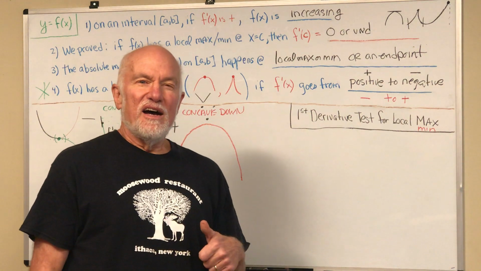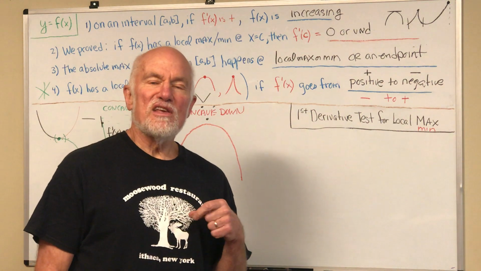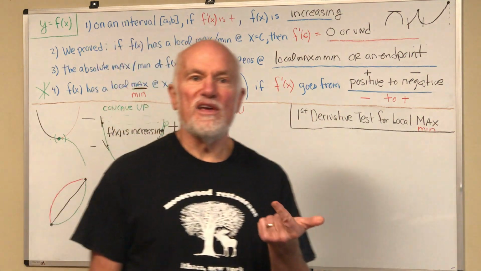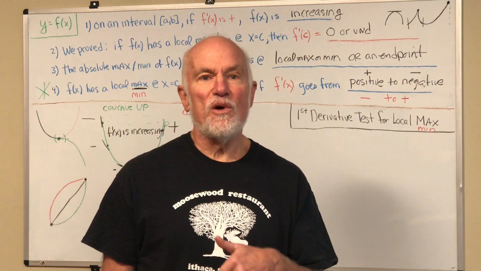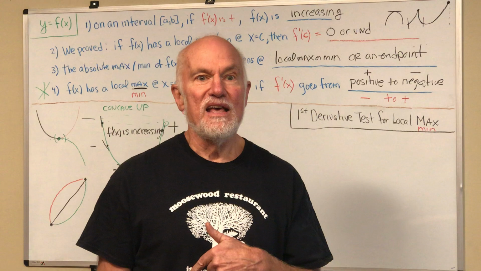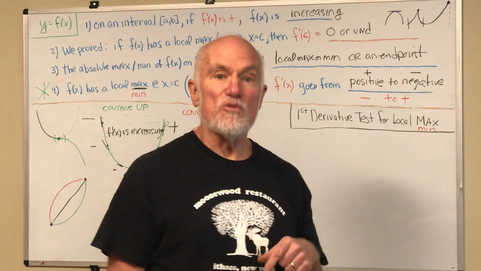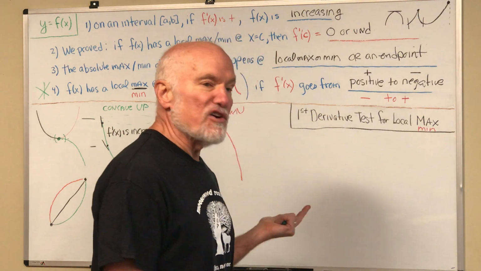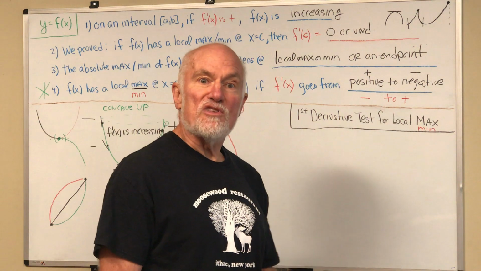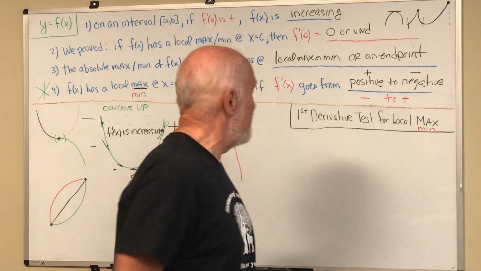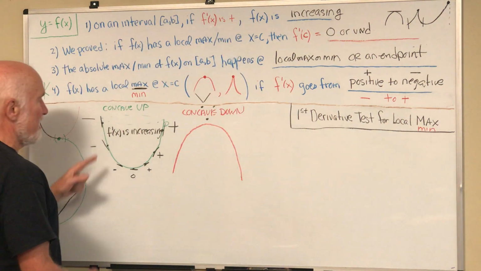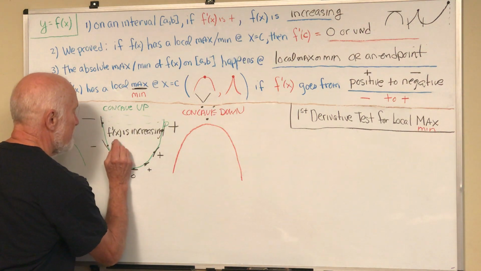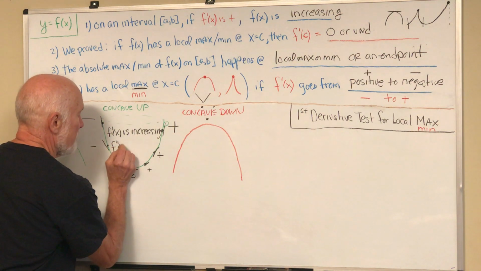Now, unfortunately, if you're looking at a derivative formula, it's not always easy to find out whether it's increasing or decreasing. So, what did we do in the original case with a function if we wanted to know whether it was increasing or decreasing? We took its derivative. So we're going to do the same thing here. We're going to take the derivative of the derivative.